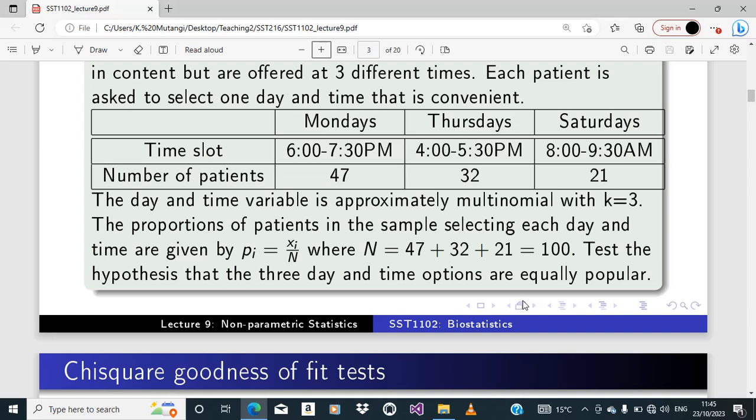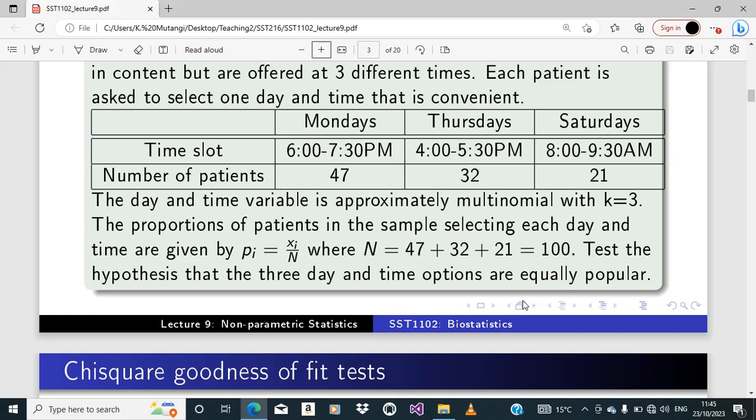The day and time variable is approximately multinomial with K equal to 3. That is, we have 3 classes there: Mondays, Thursdays, and Saturdays. The proportions of patients in the sample selecting each day and time are given by p_i, equal to the number of successes over N. We calculate N to be the total number of observations here.